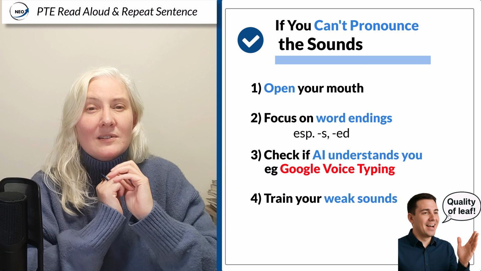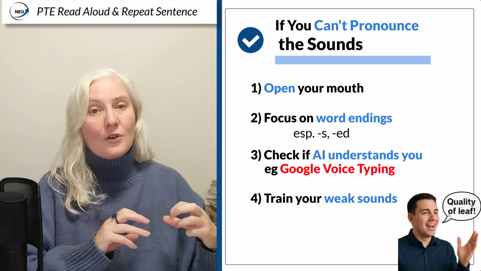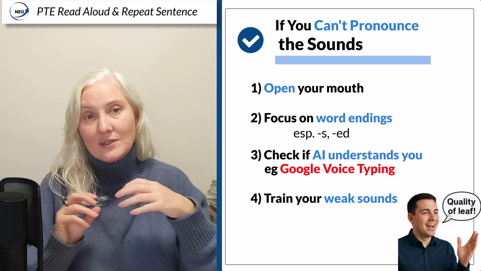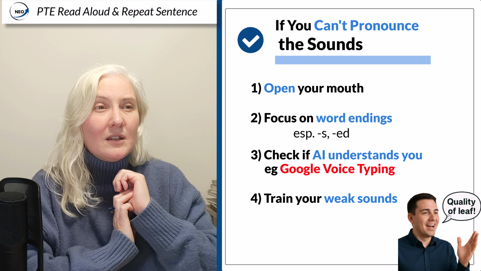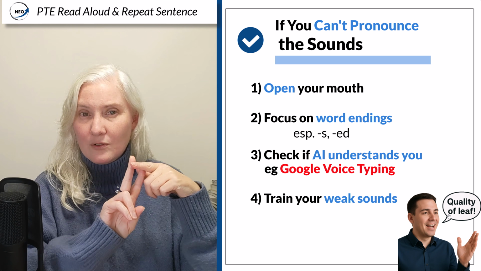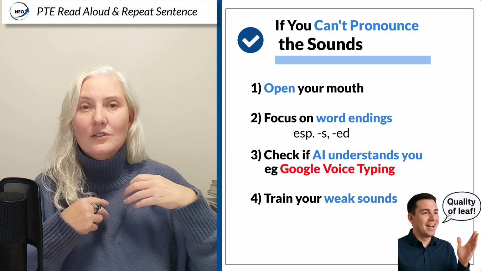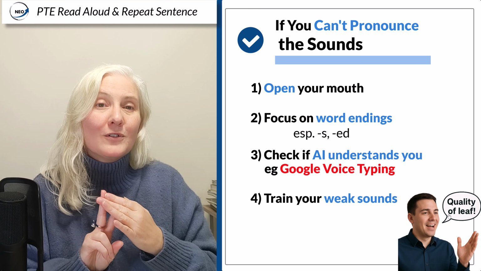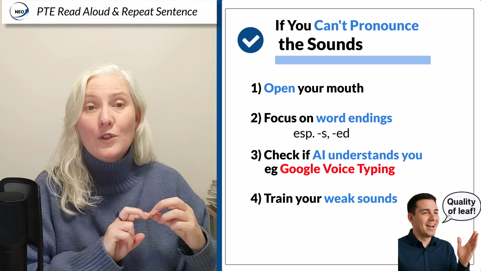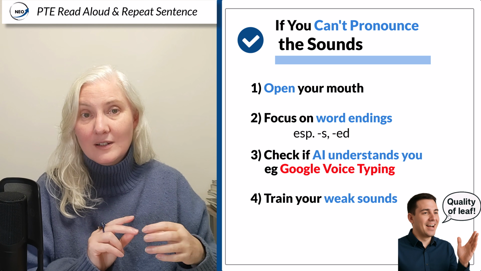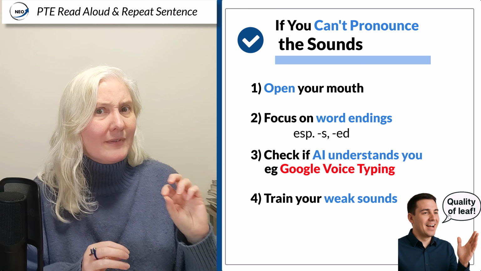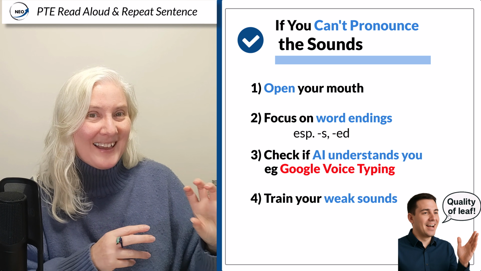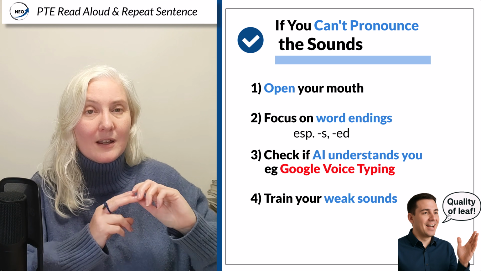There are certain sounds that exist in English that don't exist in other languages. So let me just give you two of those, and you can go ahead and practice for these two, but note that you'll need to check what your particular sound issues are. So check it by reading to Google Voice Typing and finding out what sounds it's not picking up.